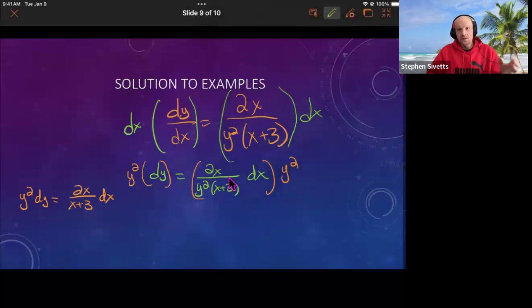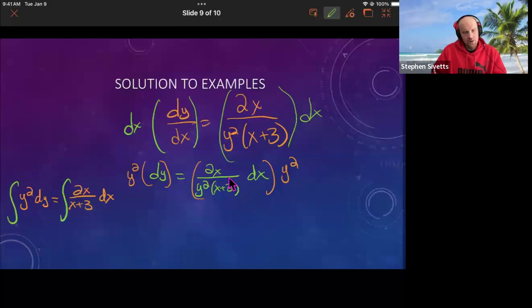All right. So we have all of the y variables and the x terms on their respective sides. And so the next step is to integrate both sides. Okay. So on the left-hand side, we will have 1/3 y cubed, just by the power rule for integration.